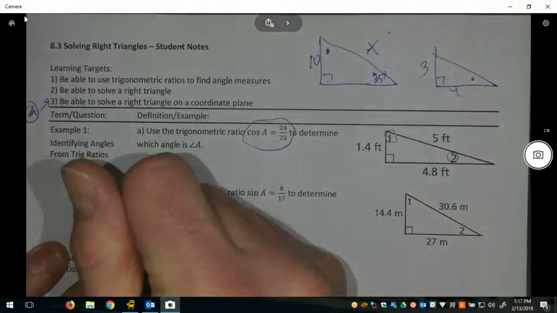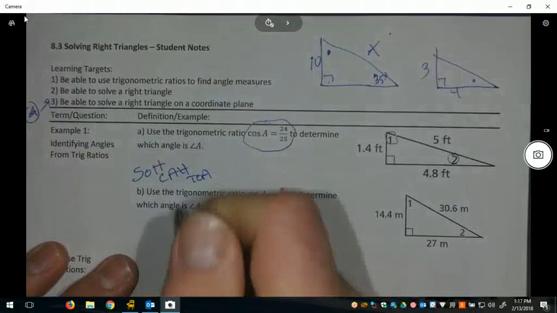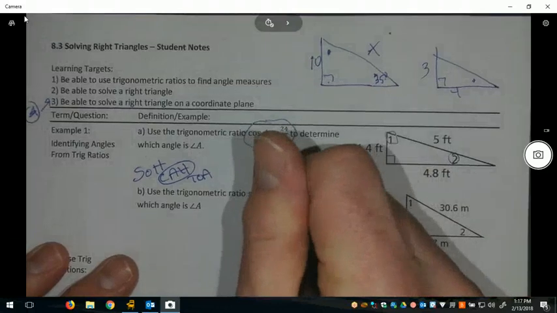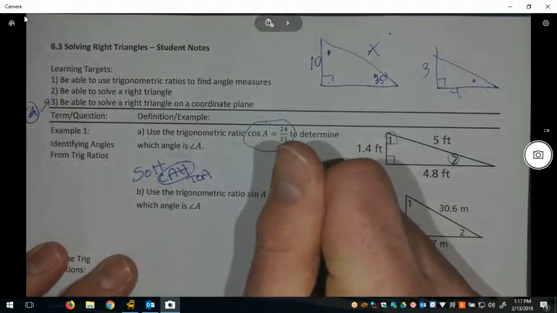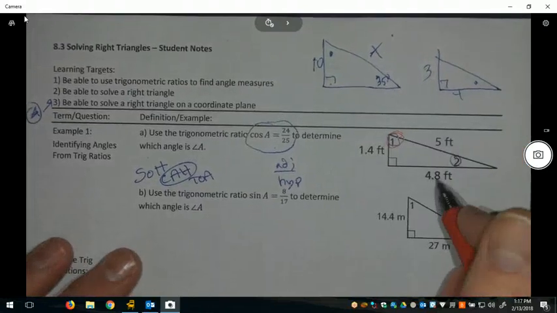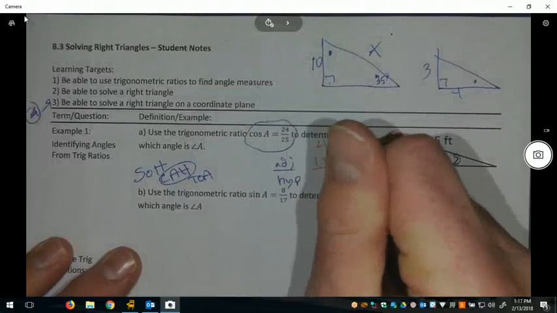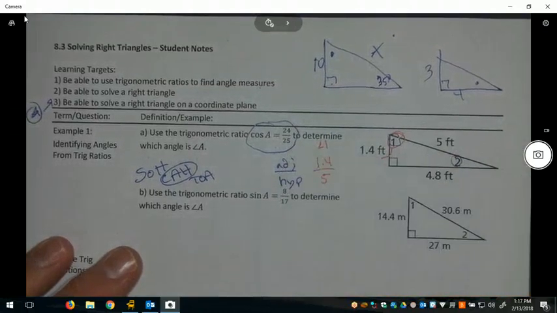Well, remember, using the expression SOHCAHTOA, cosine is adjacent over hypotenuse. If I used angle 1, then my adjacent was 1.4 and the hypotenuse is 5.